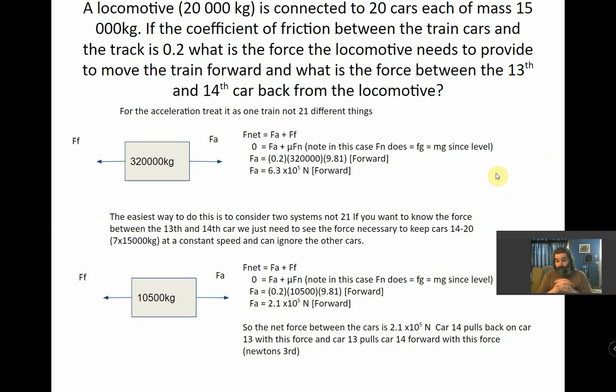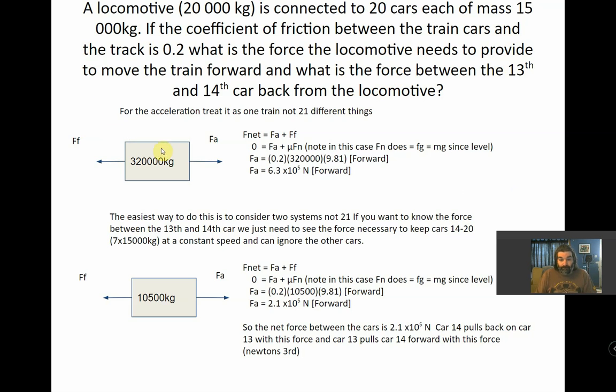Another trick, one of the most famous questions in physics: a locomotive with a whole bunch of cars, what's the force between two different cars? Now, the trick to this is don't treat the train as 21 things. Treat it as one train with the mass that everything has. So for the first part, what force does the locomotive need to provide?